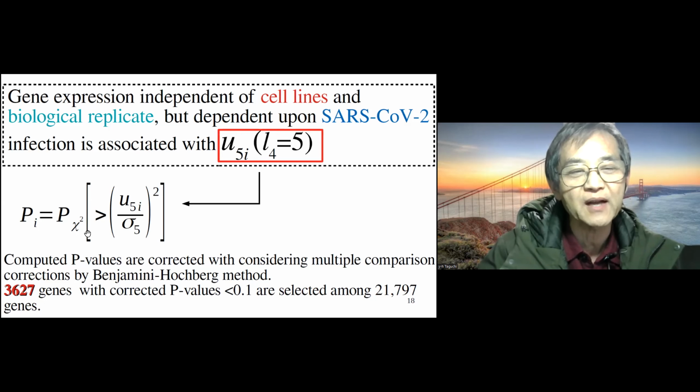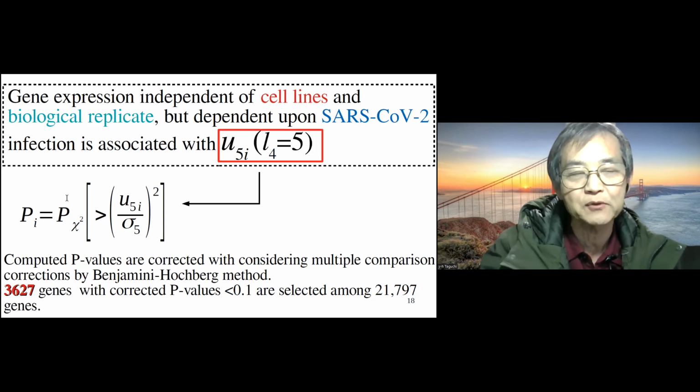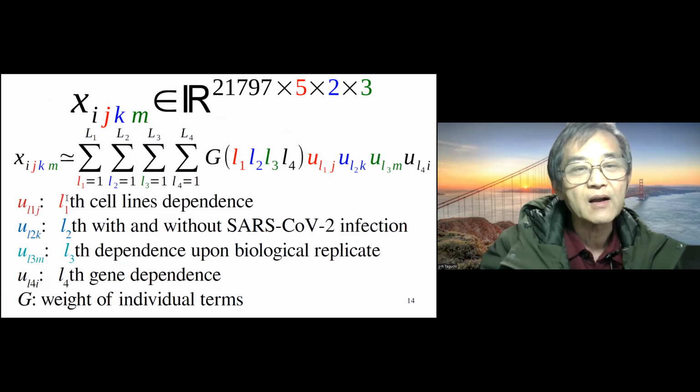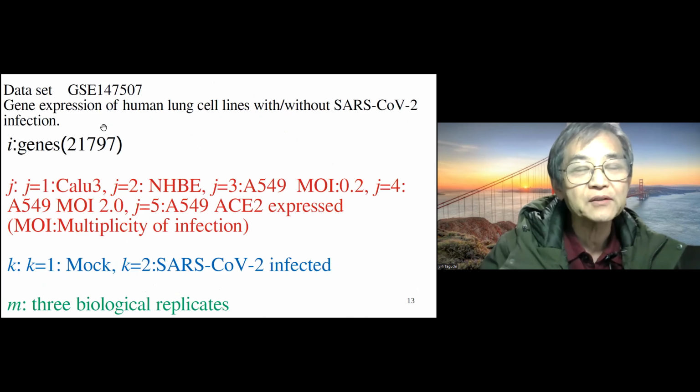If this is a Gaussian distribution, the p-values can be attributed using a chi-square distribution. This is the cumulative chi-square distribution, and this is the standard deviation. This is the so-called z-score, and the scaled z-score can be used to attribute p-values to the i-th gene. And these p-values attributed to the i-th gene are corrected by the Benjamini-Hochberg method because the number of genes, as I told you, is 20,000.